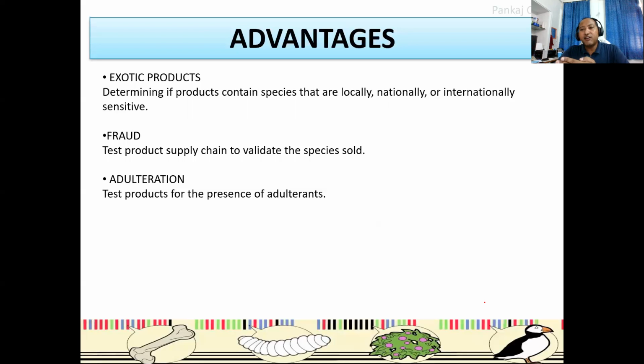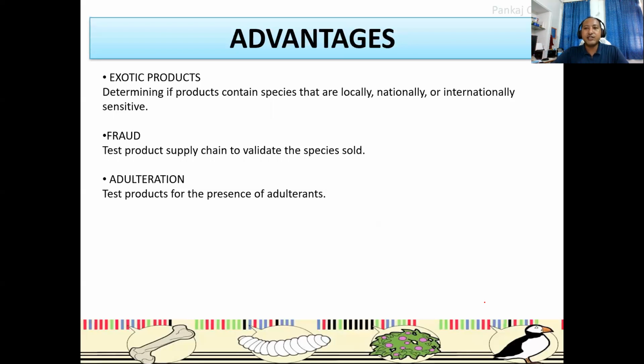Suppose in Triphala, one Ayurvedic medicine, I'm just citing one example. Triphala must have only three components, that is Terminalia chebula, Terminalia bellerica, and Phyllanthus emblica. You can extract DNA from the Triphala, and the species which are there can be identified easily.